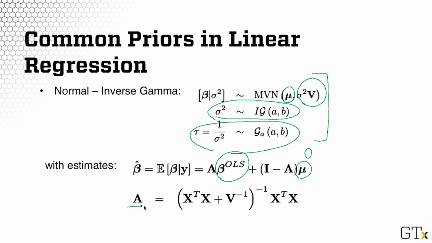Matrix A is looking like this, and then you have the influence of the prior covariance matrix. And if the prior covariance matrix is equal to, for example, the identity, then this leads to something which is called ridge regression. So a very popular way to do linear regression in a Bayesian fashion is putting the so-called normal inverse gamma prior.